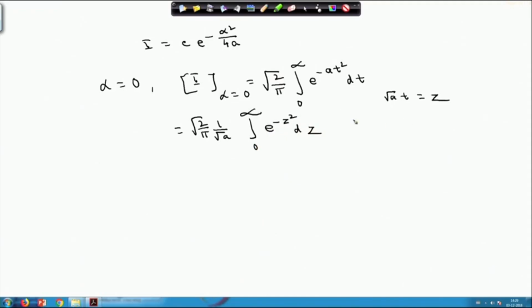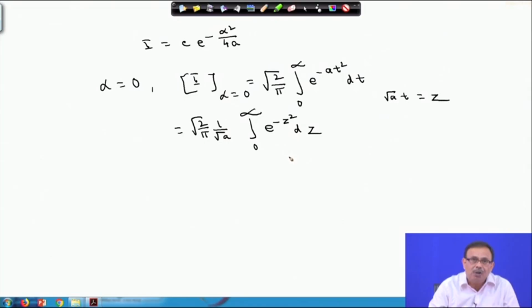This was my actual aim, since I know that the value of the given integral 0 to infinity e power minus z square dz is root pi by 2, which we know very well. So, I am just using that one. I am converting the given integral in this form, so that I can put this value.